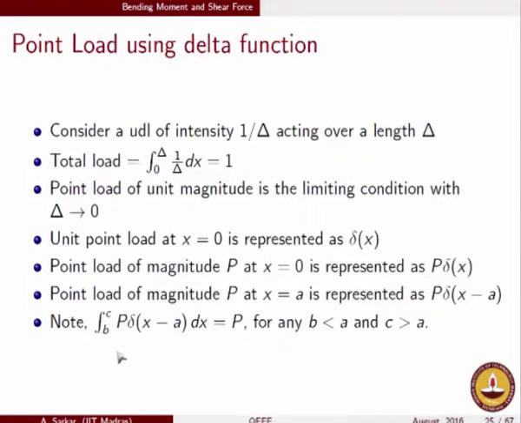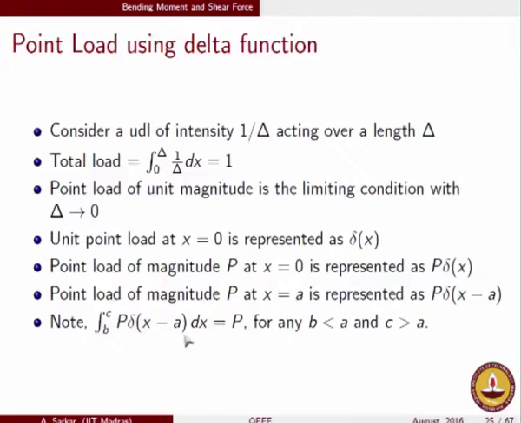So with that in mind, let us now return to this. P delta x minus a, if you integrate over an interval which contains the center of the delta function. What is the center of the delta function? That is the point x equals a. So if you choose a b which is lesser than a and a c which is greater than a, then the integration interval does contain the location of the delta function, which is x equals a.